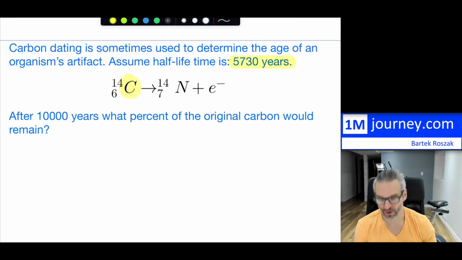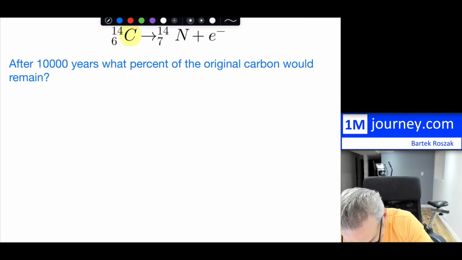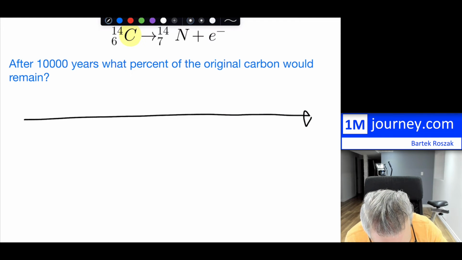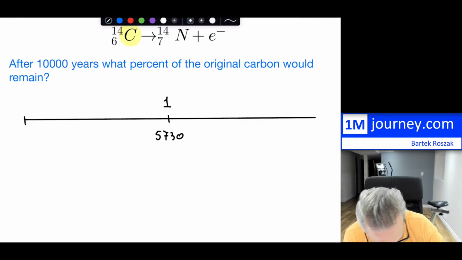So now here's a question. After 10,000 years, what percent of the original carbon would remain? So if we map this out into a timeline, this would have been 1 half-life, which is 5,730 years.